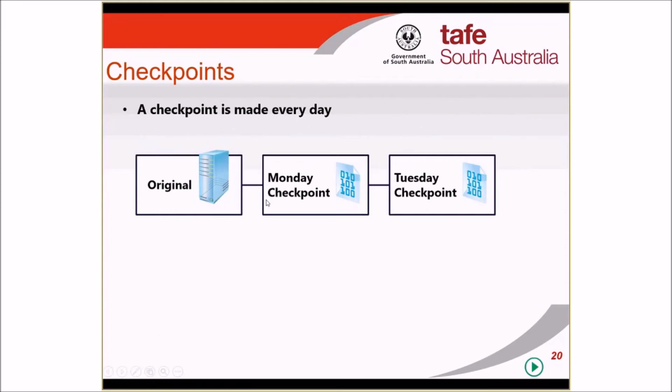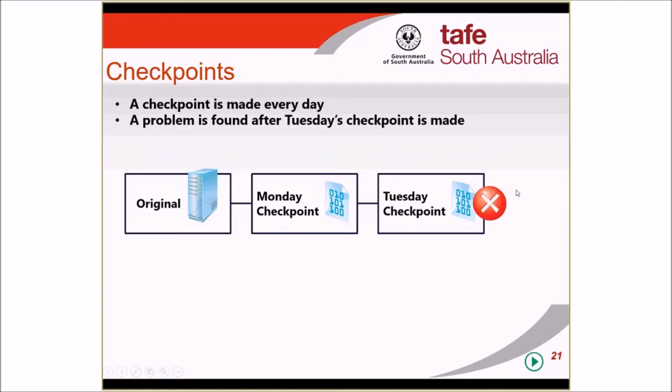This is an example of what a checkpoint is. I'm sure you all have a good idea what checkpoints are, but here we have an original virtual machine. On Monday, we create a checkpoint. No problems. Tuesday, we create a checkpoint. So a checkpoint's made every day, but on Tuesday, you realize, darn, I made a huge, massive error.